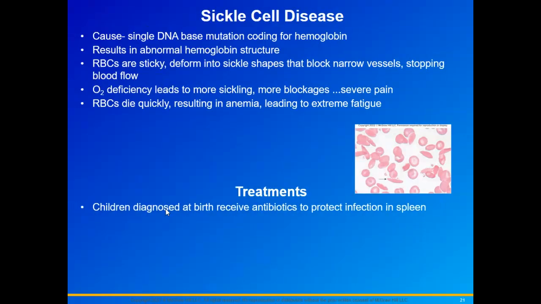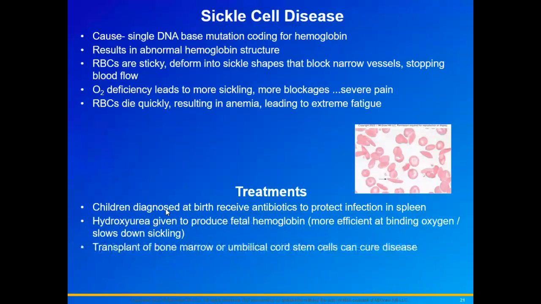If it's a child, we can give them antibiotics to help prevent infection. We can also give hydroxyurea, and this actually causes the body to produce fetal hemoglobin. That's helpful because fetal hemoglobin is actually better at binding to oxygen than adult, so that can help with this disorder.